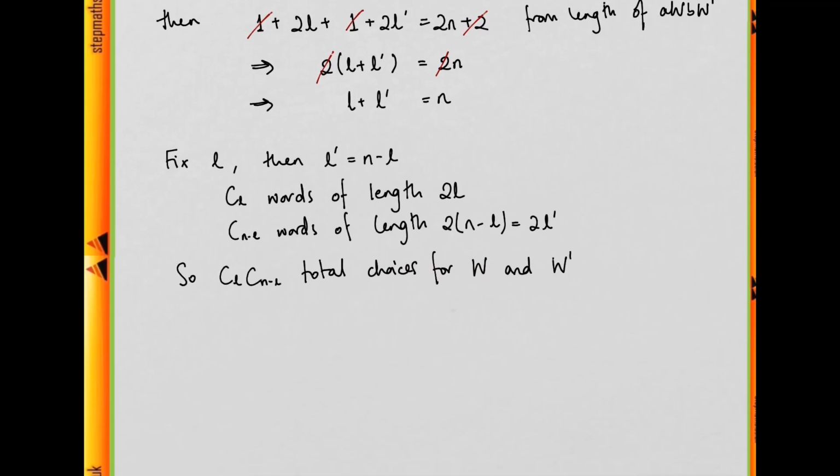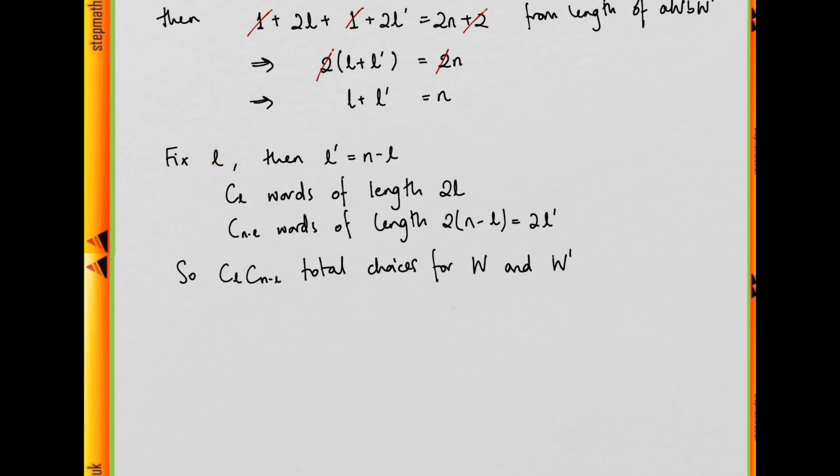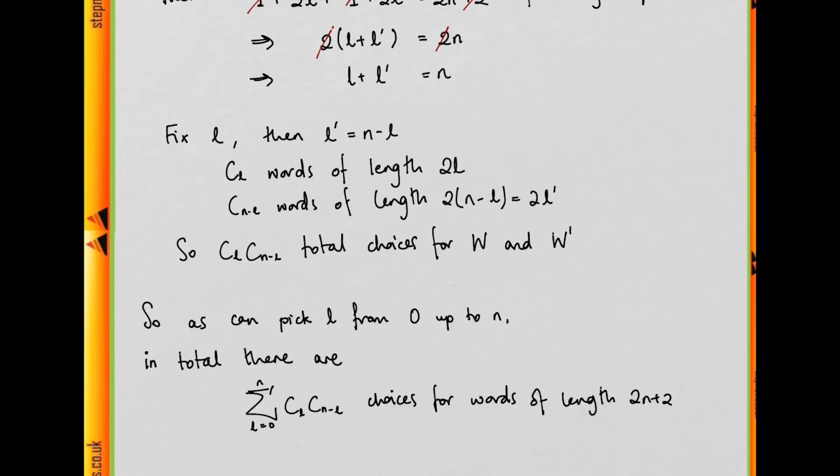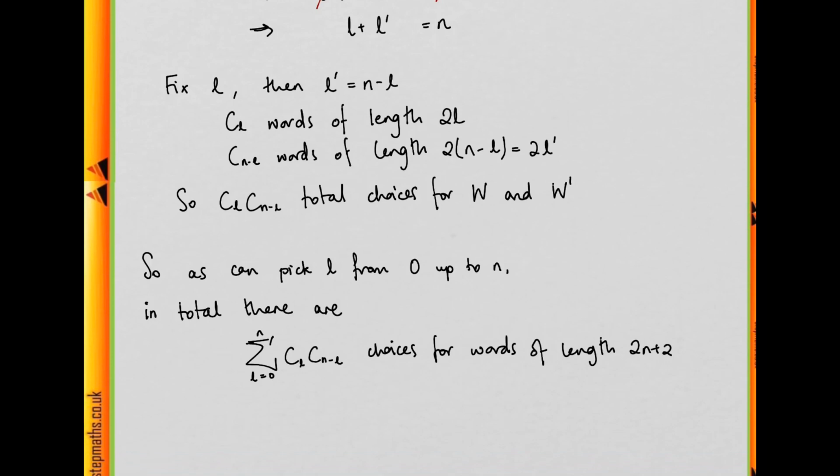Okay, and also we could have picked L to be anything from 0 up to n, and so we see that the total number of choices for words of length 2n plus 2 is equal to this, where we're summing L from 0 to n, and for each particular L it's equal to this many words. So that just means that Cn plus 1 is equal to this sum.